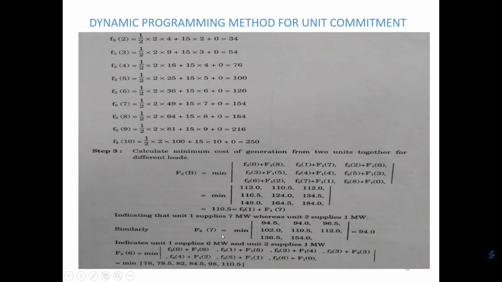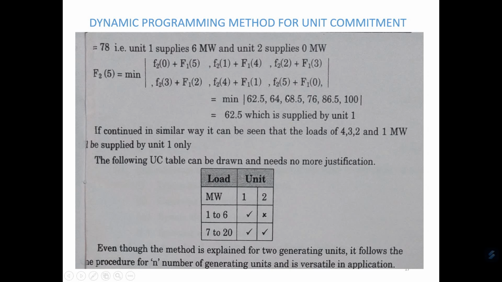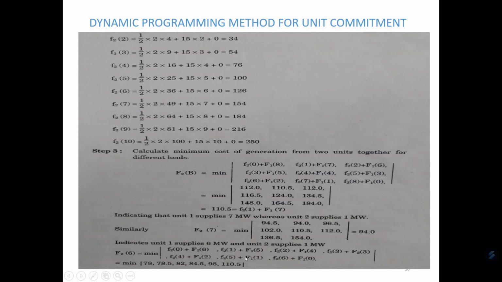Similarly, we can calculate for 7 megawatt of load. For 7 megawatt, the minimum cost is 94, for this combination.